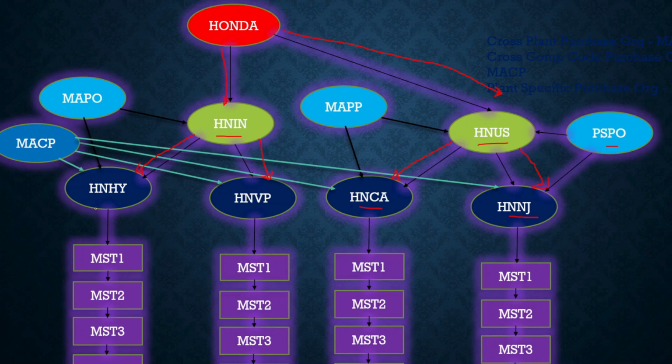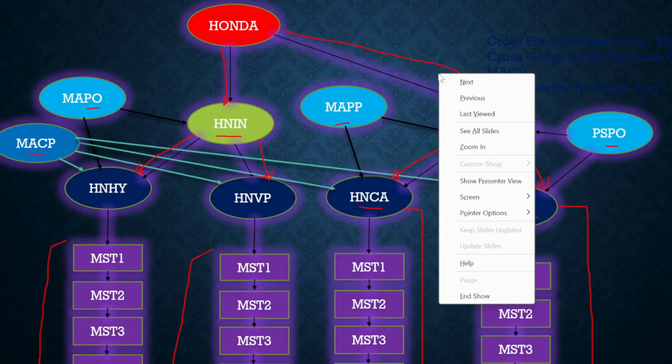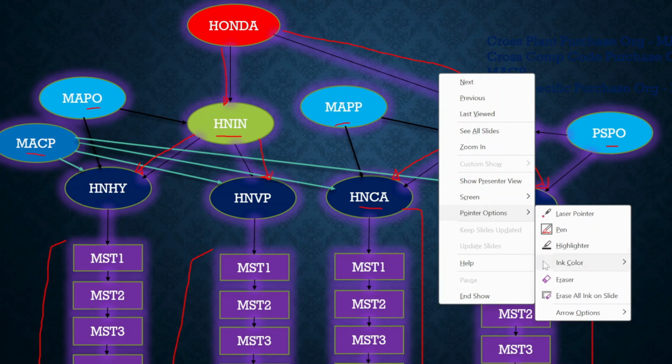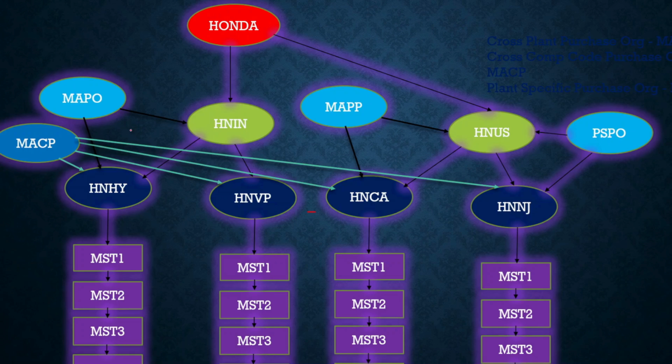Here you can see under each plant 4 storage locations are there. And these blue colors are purchase organizations, so we will discuss these purchase organizations. Okay, just start with the MAPO.